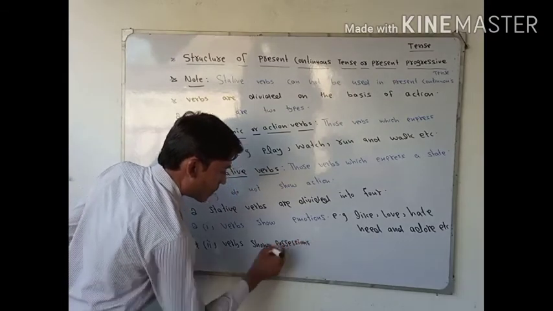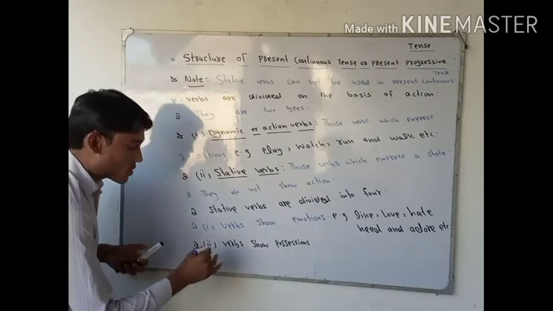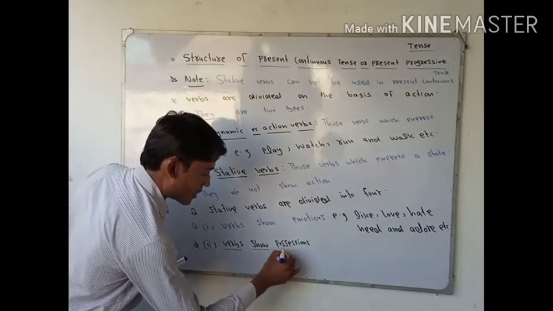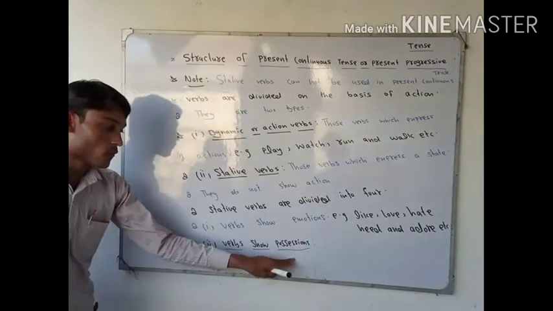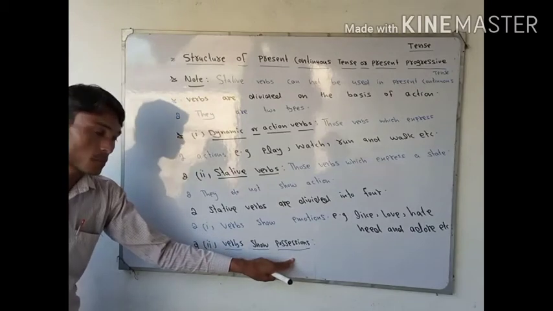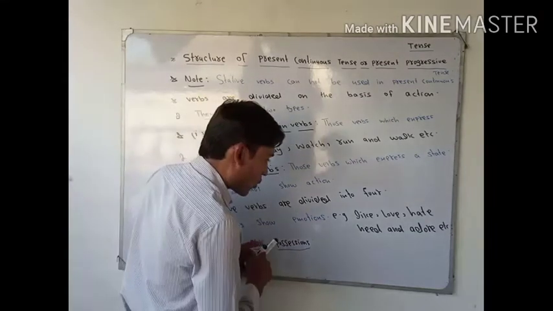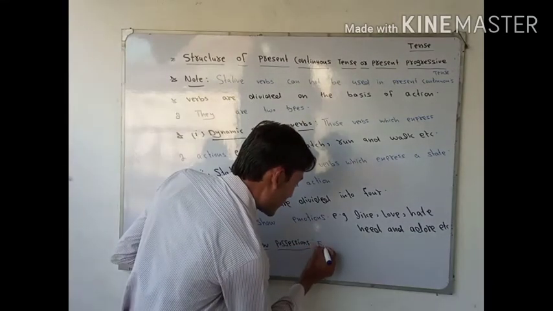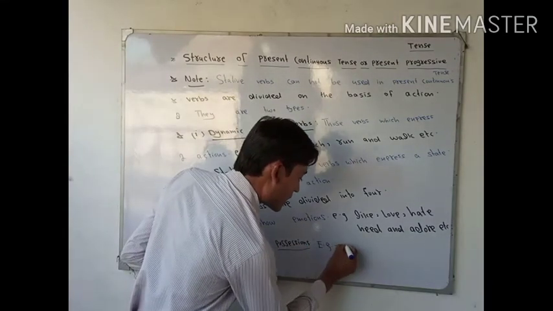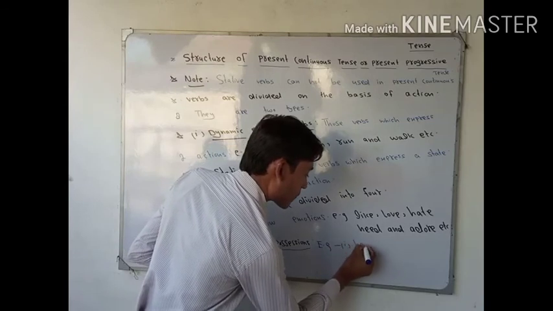And what does possession mean? Possession simply means ownership. So what are the verbs which express possession? Examples of these verbs: the first one is have.